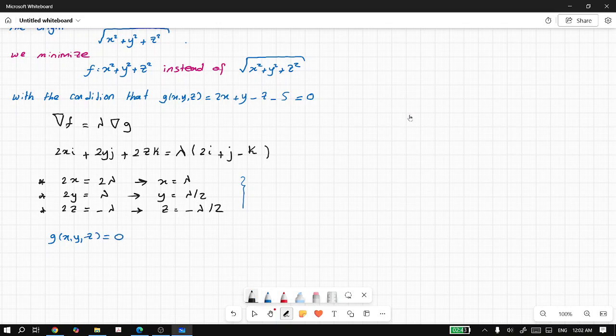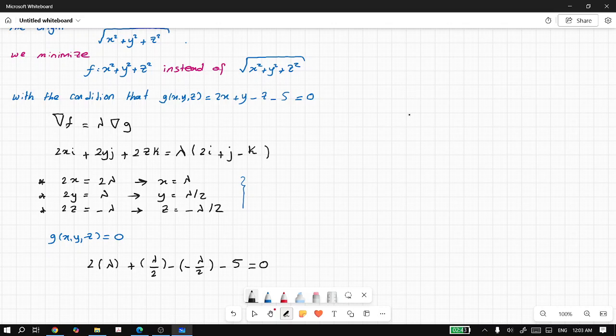So what do we get? We get 2 multiplied by x, which is lambda, plus y, which is lambda over 2, minus z, which is minus lambda over 2, minus, of course, 5 from the function, that's equal to 0.